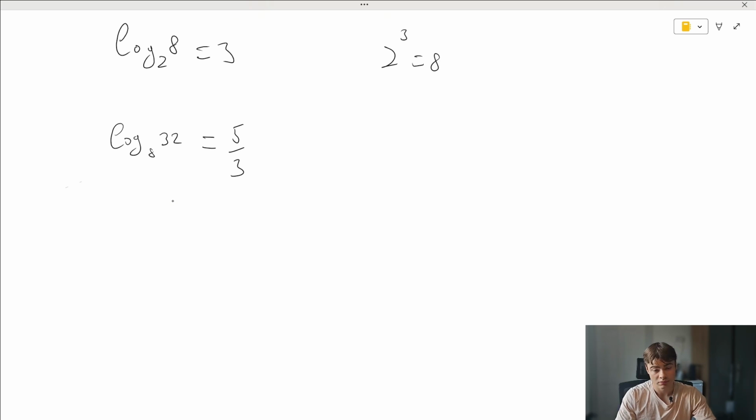Because in a case like this, you just plug it into the calculator. And the calculator usually has two log buttons. One of them is natural log, ln, which is log of base e. It has lots of interesting properties, but it's not used in the Leaving Cert. And the other one, the one that you're actually interested in, is where you have two inputs, where you can input the base and the value. Just don't mix them up. Use the correct one.